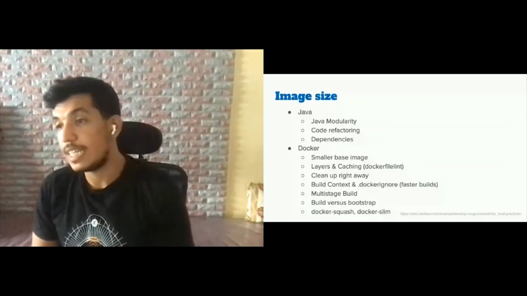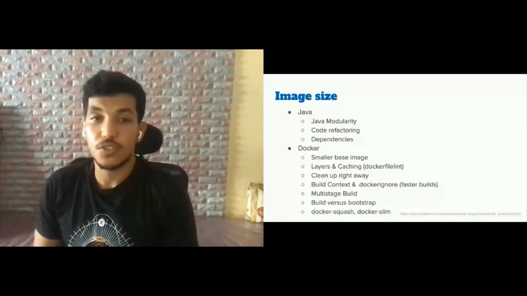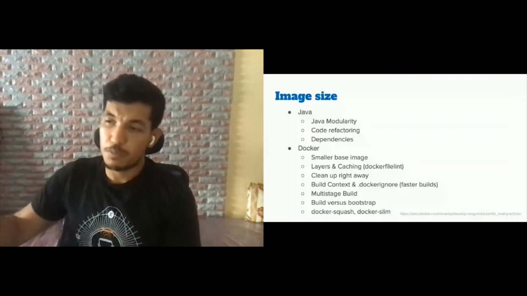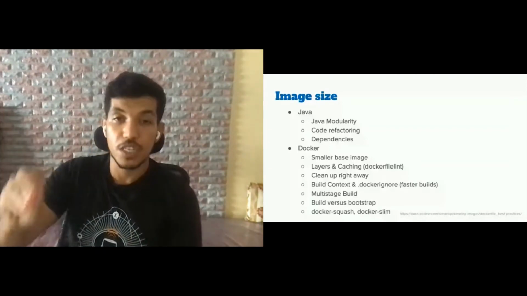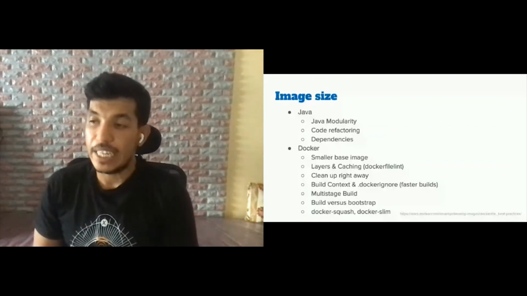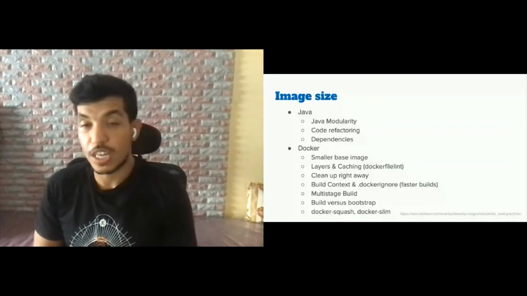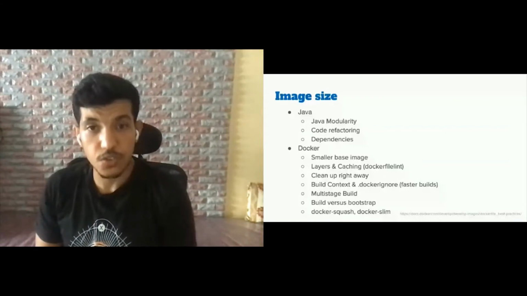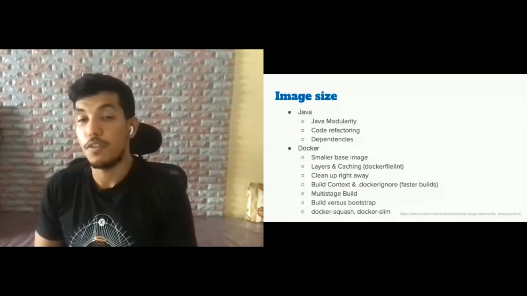From the Docker side, the first thing that you need to keep in mind is to use a smaller base image. Generally speaking, the smaller your base image is, the smaller your final image will be. Also, understanding the concept of layers and caching in Docker and containers helps to reduce the final image size.